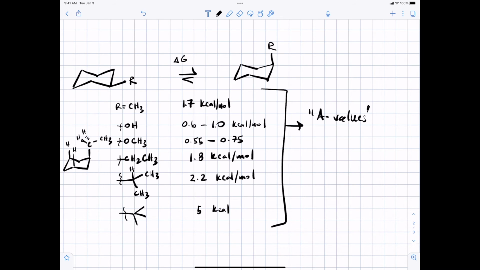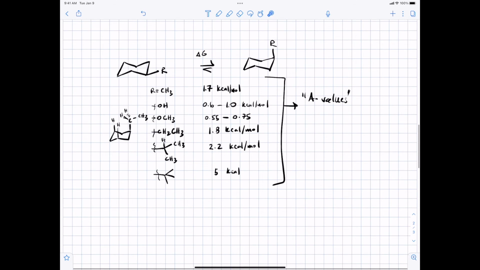So you will hear chemists rank substituents in steric size based on what they've learned from A values. And so you have to remember that those values come from a cyclohexane conformational equilibrium, which may not capture all the features of whatever system you're trying to apply it to.